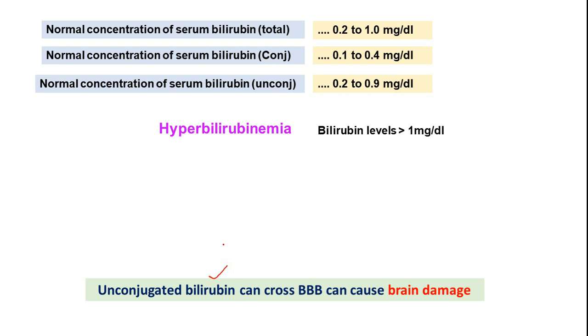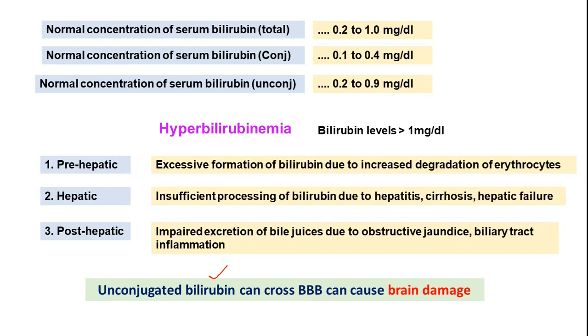Okay, so in our system, hyperbilirubinemias can be segregated into three types: prehepatic, hepatic and posthepatic bilirubinemias. In case of prehepatic, before the liver, what is the tissue that is producing bilirubin? It is the spleen.